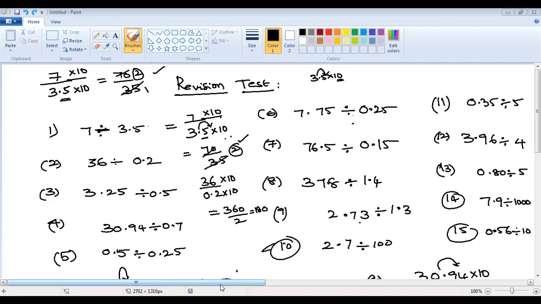Next, we have different types of measures of central tendency. We have arithmetic mean, median, mode. In this chapter, we are going to discuss measures of central tendency. What is central tendency? Average.